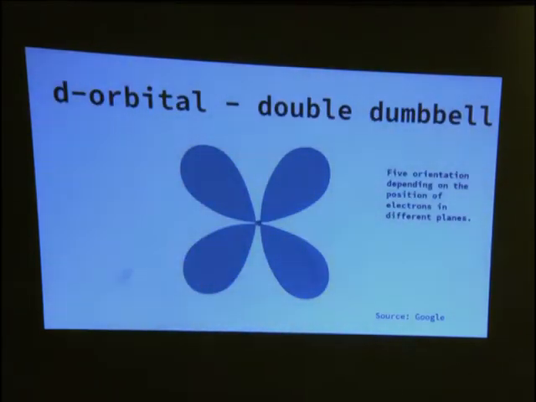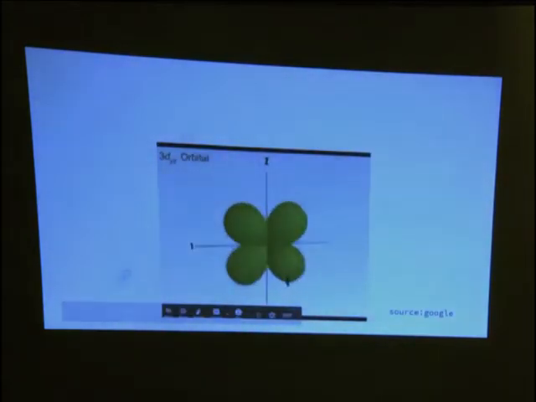D orbital. So, the d orbital has a double dumbbell shape. The d orbital can have 5 orientations depending on the position of the electrons along the different planes. So, the 3dyz orbital looks like a clover leaf here.